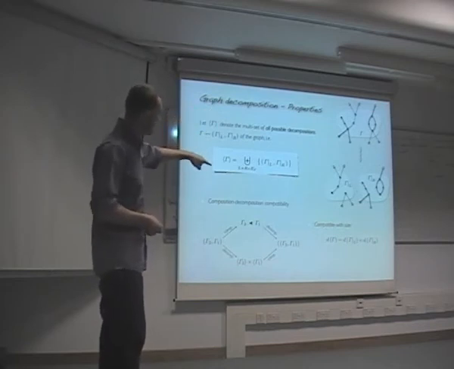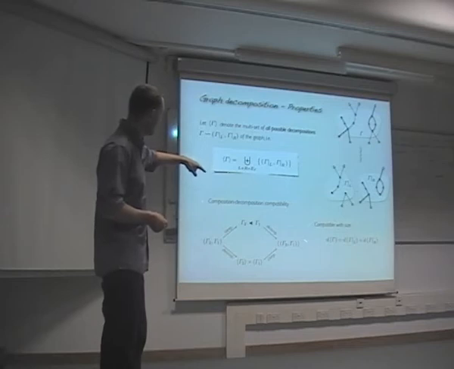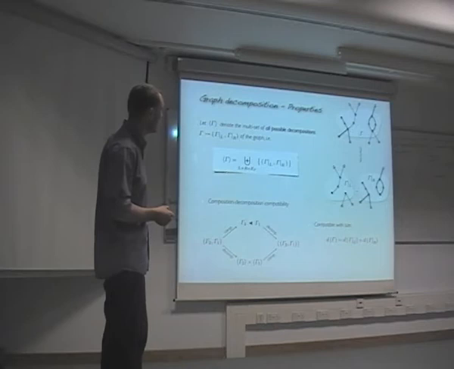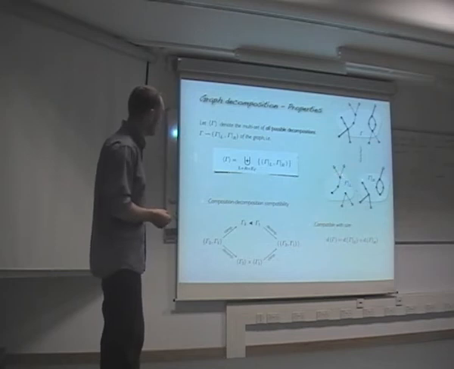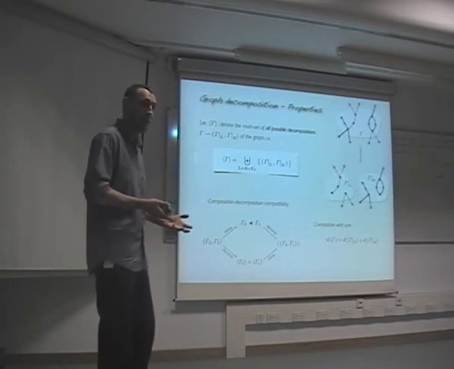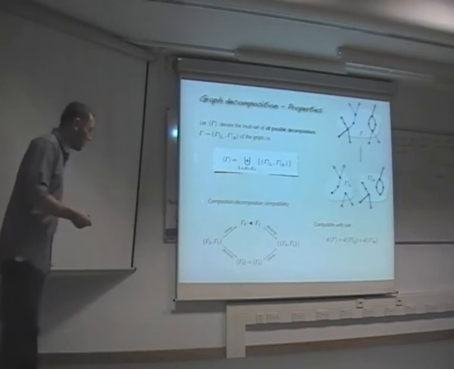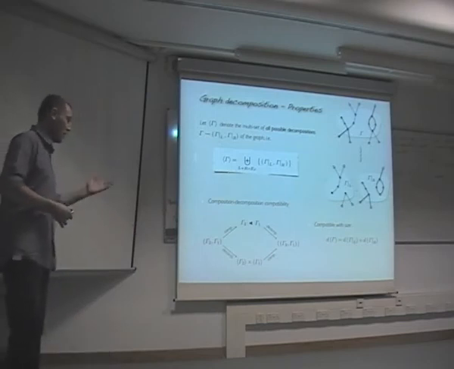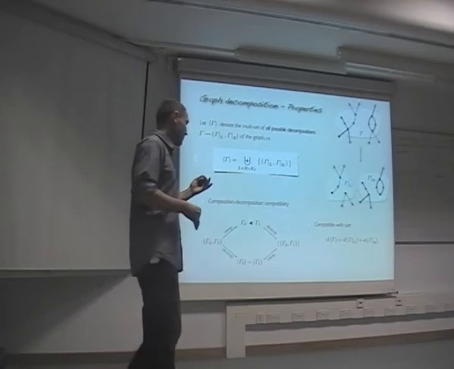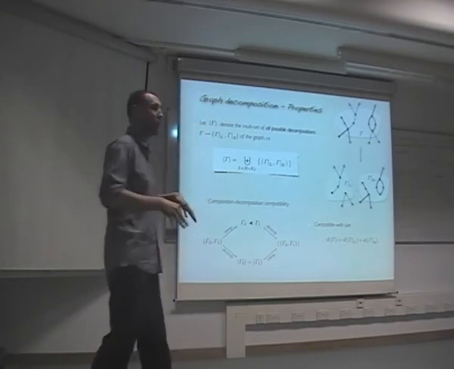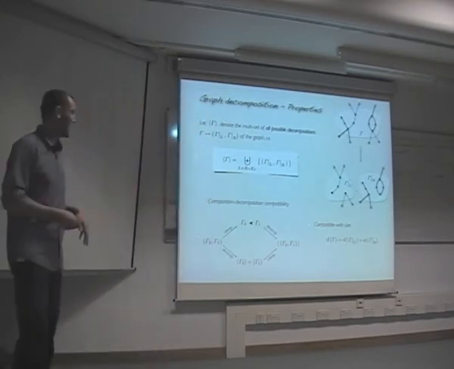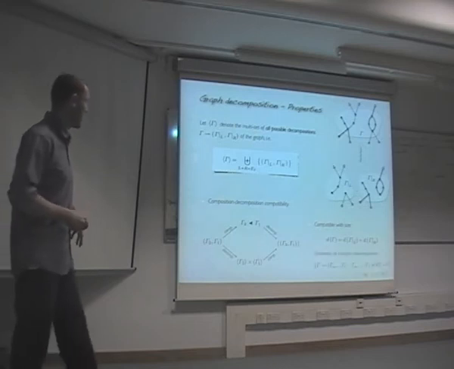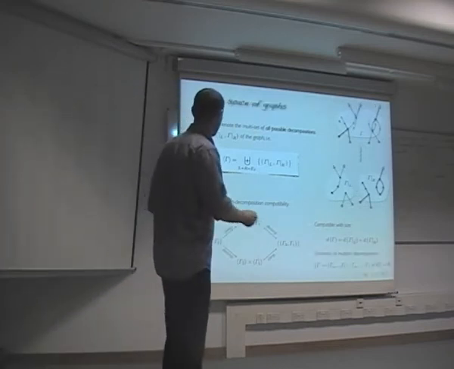But decomposition wouldn't be compatible with the number of vertices, as here I have 1, 2, 3, 4, 5 vertices, but here after decomposition I have 1, 2, 3, 4, 5, 6, 7 of them. So for our purposes, the right choice of the size of the graph is the number of its half edges, and it's compatible with it. Okay, so that's rather not important.